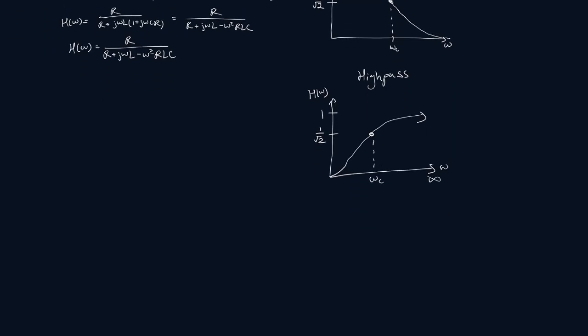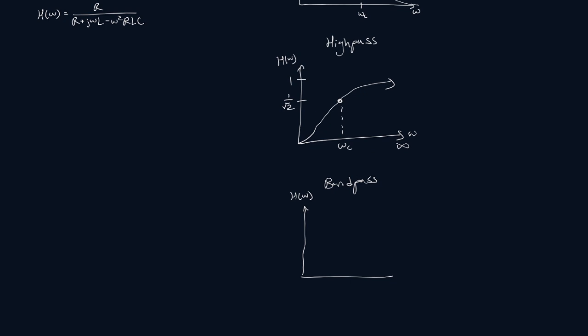Then there's bandpass. In a bandpass graph, when omega is 0, our transfer function is 0. Then as omega begins to increase, we start slowly increasing up until we hit our peak.